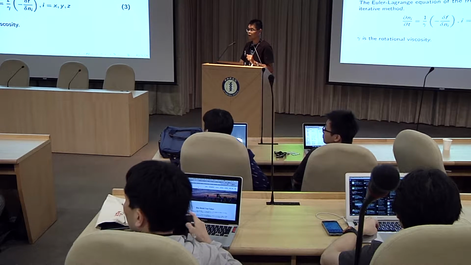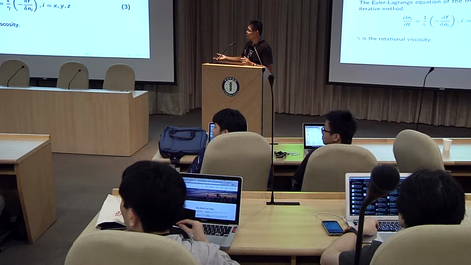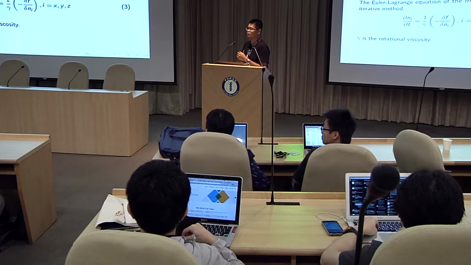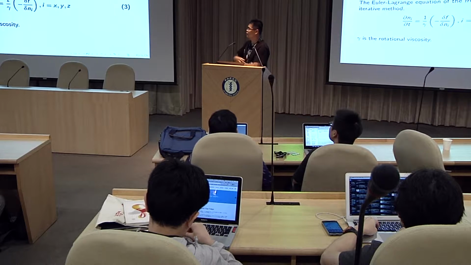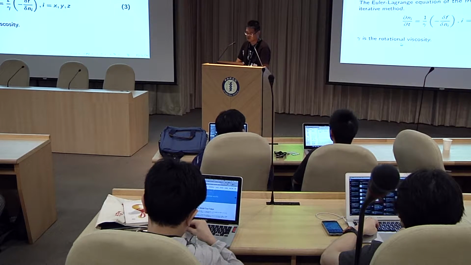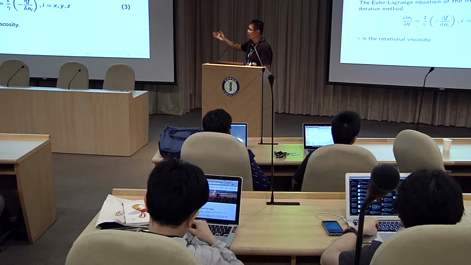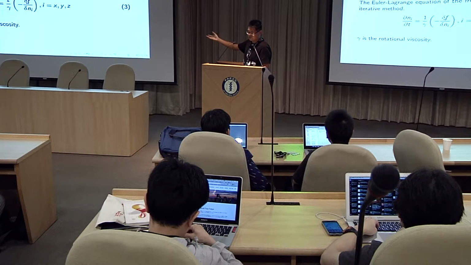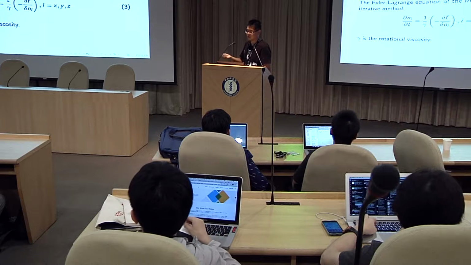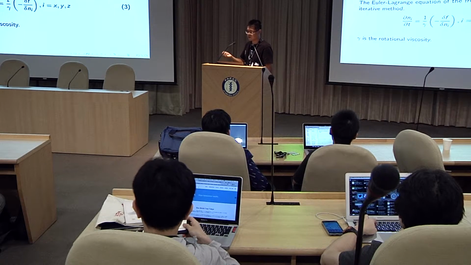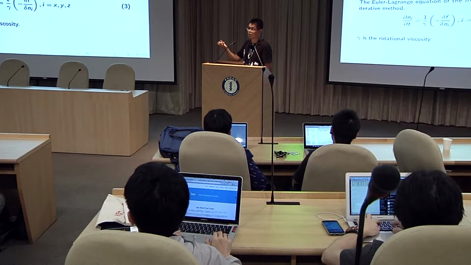So what's a pseudo-dynamic process? It's not a real dynamic function because it has no physical meaning. The Euler-Lagrange equation is a variational method, and the point of doing this is only to acquire the extremum value.